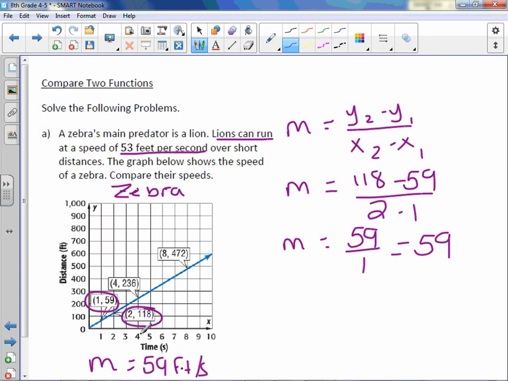So in order to compare their speeds, we're just going to jot down a sentence or two about them.